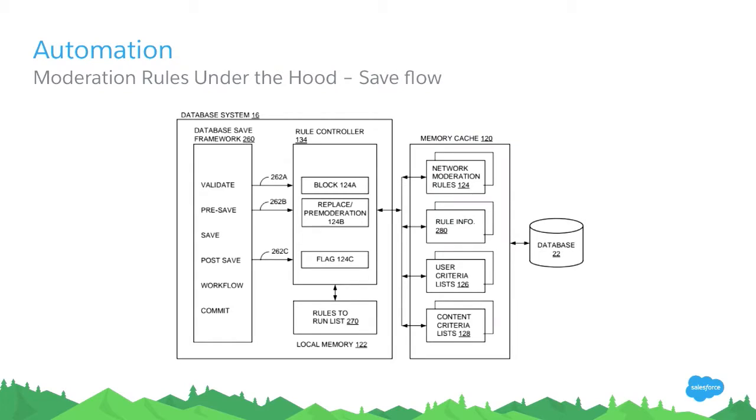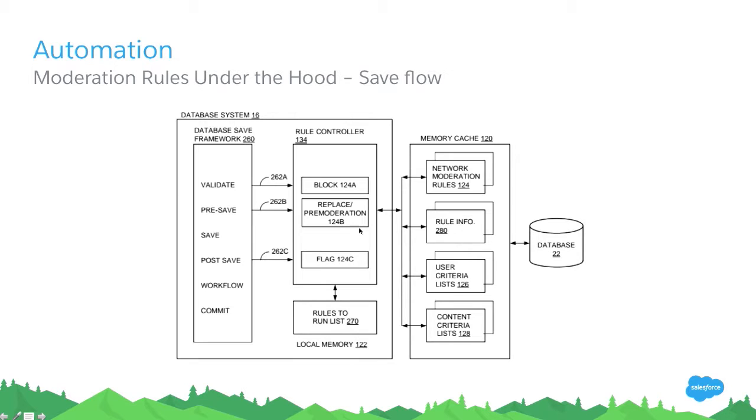This is a diagram from our patent filing for how we do this. There is a typical Salesforce flow, a save framework for whenever we save really anything to the database. In this hook, we do validation, we run your workflow, we maintain your consistency. And the rules framework hooks in to several places. Your block rules, one of the most severe ones, will happen during validation.